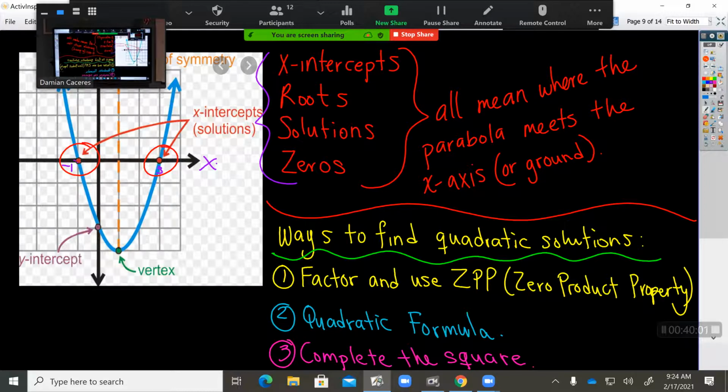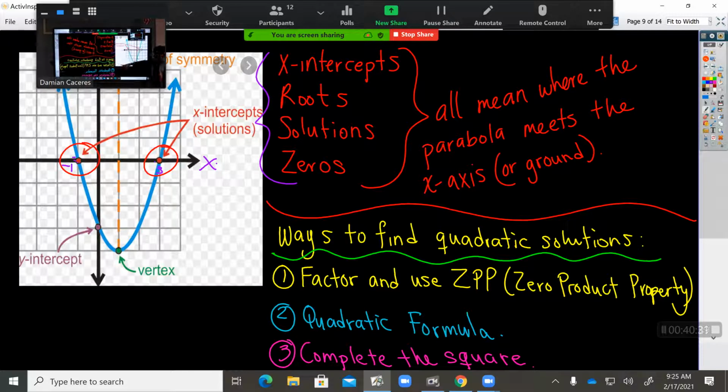Any questions on the placement of it on a graph? Like where the U touches the x-axis? The y-intercept is called that because it's touching the y-axis.